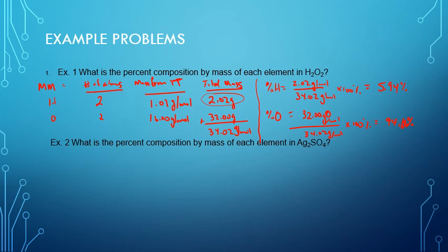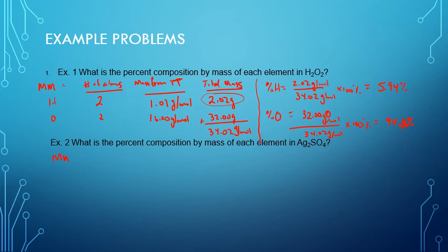So we're now going to look at our second problem. For this one, again I have to determine my molar mass for the silver sulfate compound. So I have 107.87 for silver, and we're going to multiply that times 2.